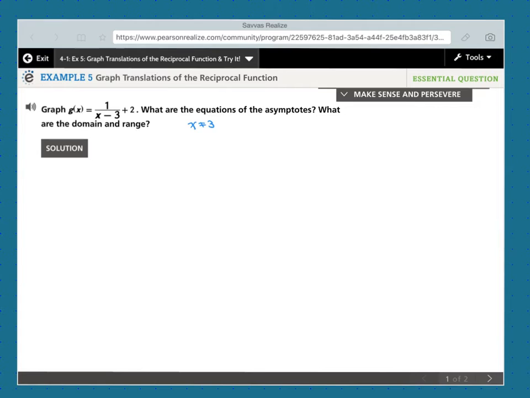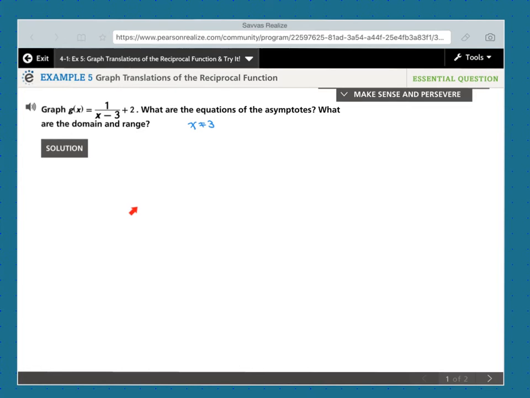It says start with the graph of the parent function f of x equals 1 over x, which is what these red two curves are. And recall when we do f of x plus h, it translates the graph of the original parent function horizontally by h. But if I do f of x plus k, it translates the graph of f of x vertically by k units.